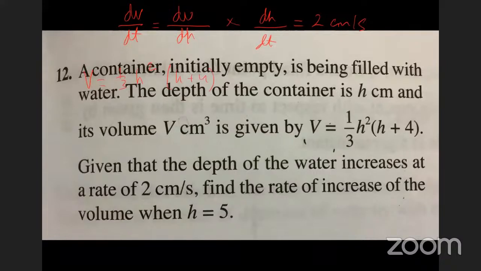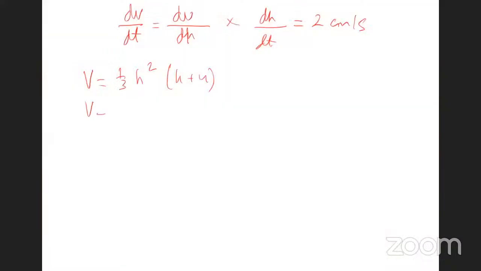To differentiate this now, we have to multiply it out, or we can do the product rule. So that'll be 1/3 h cubed plus 4/3 h squared. When you differentiate this, you'll end up with 3/3 h squared plus 8/3 h.